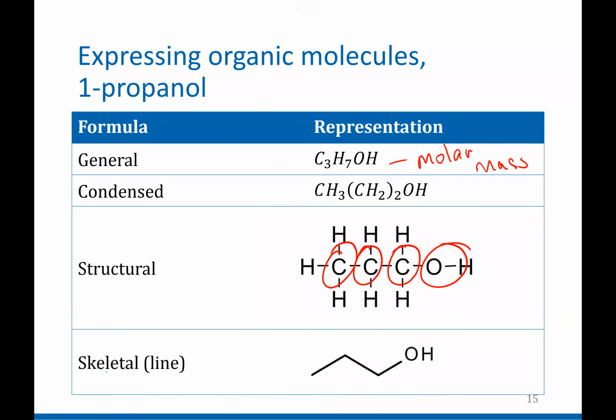I'm feeling green today. So we have 1, 2, 3, and then the functional group. In skeletal, every time the chain bends, there's a carbon there. So that's 3 carbons with an alcohol functional group.